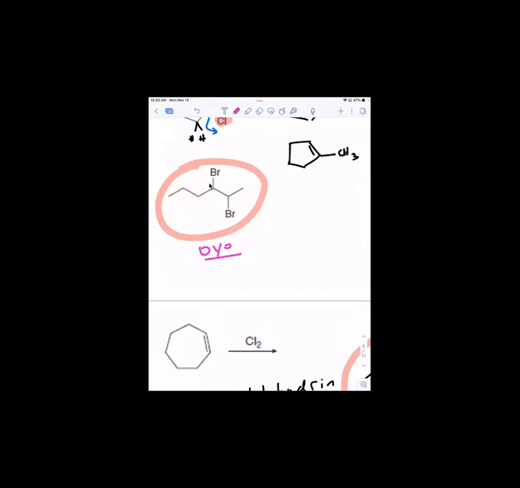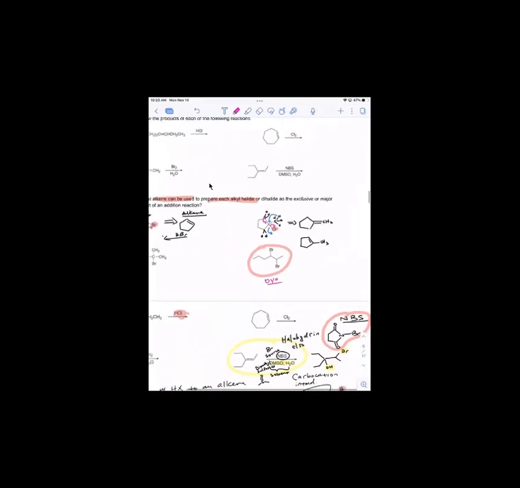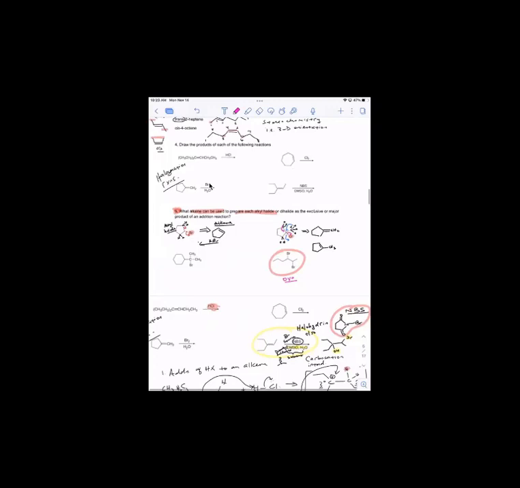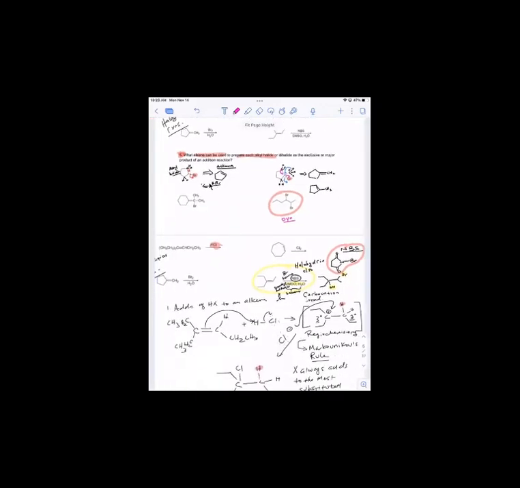If I wanted to put two bromines on and I started with the alkene, what would I use? All right, we're going to come back to that. Make your flashcards. I promise you, they'll save your life. Let's go to the next page.